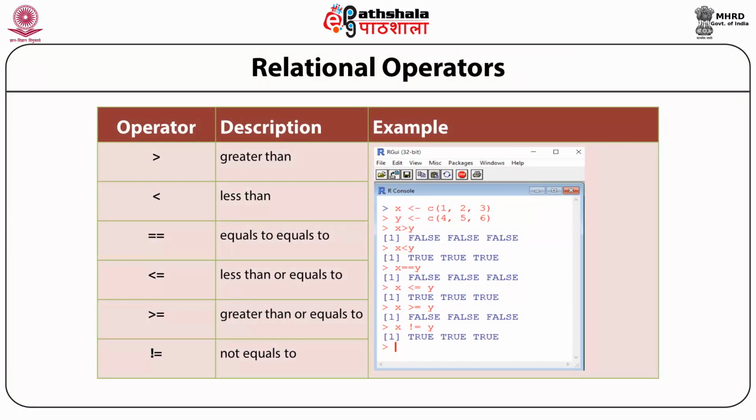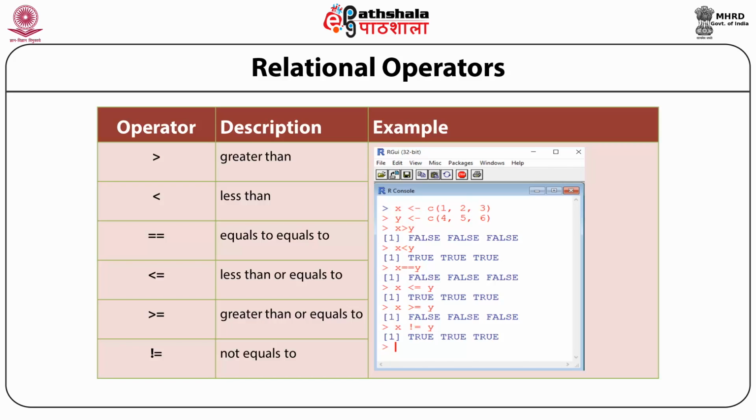Some of the relational operators are also given here: greater than, less than, equals to operator, less than or equals to operator, and others. If we have assigned two objects x equal to c(1, 2, 3) and y equal to c(4, 5, 6), then we can compare them on the basis of these relational operators.